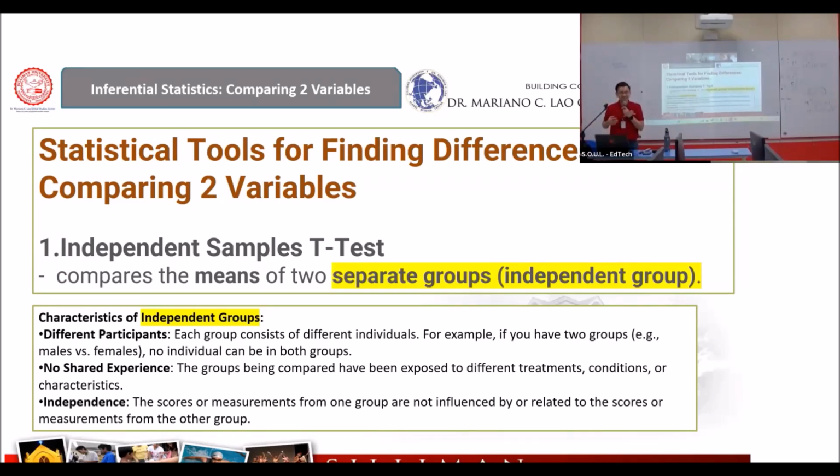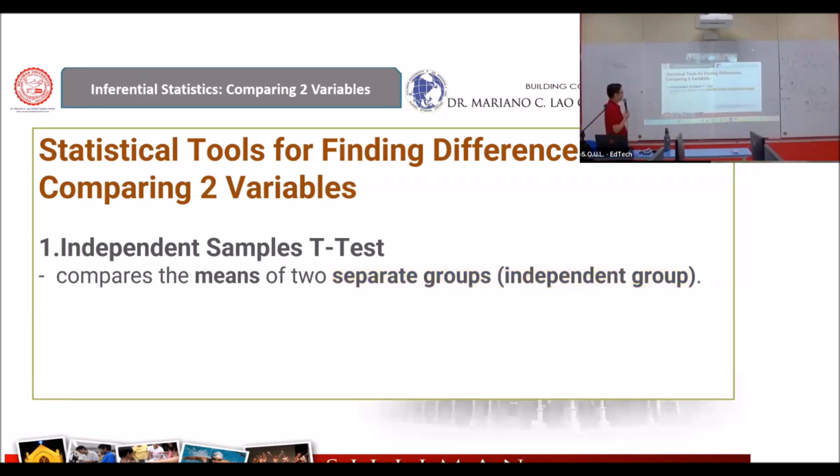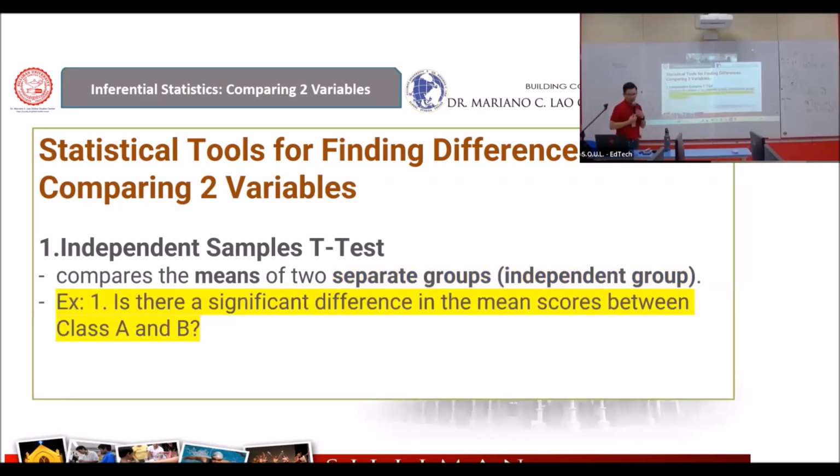And then independent: the scores or measurements from one group are not influenced by or related to the scores or measurements from the other group. So for example, is there a significant difference in the mean scores between class A and class B?